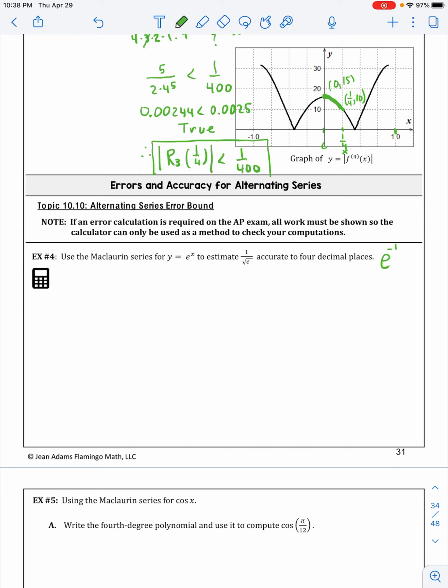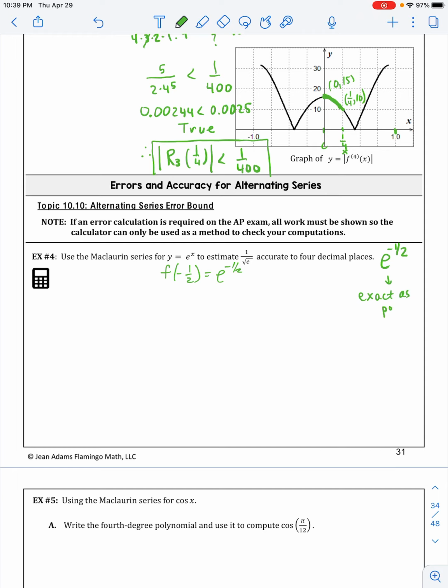Use the Maclaurin series for y equals e to the x to estimate 1 over the square root of e accurate to 4 decimal places. The first thing I did on this one was I said, oh, this is e to the -1/2, because of course we're using e to the x. I'm really trying to find f of negative 1/2, because that would be e to the negative 1/2.